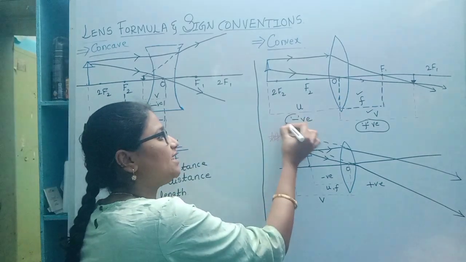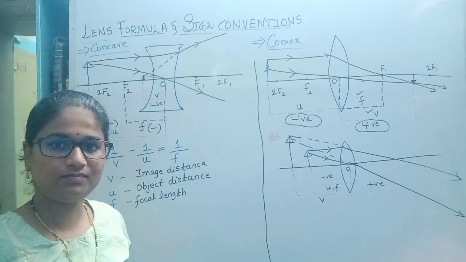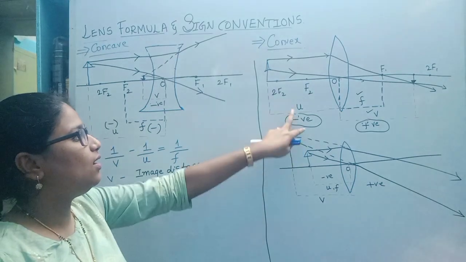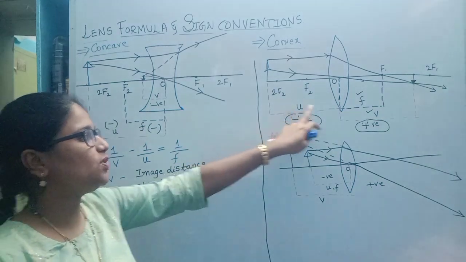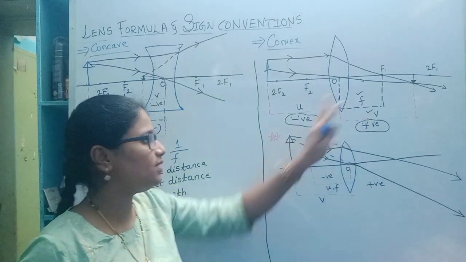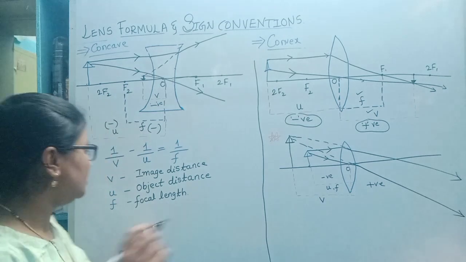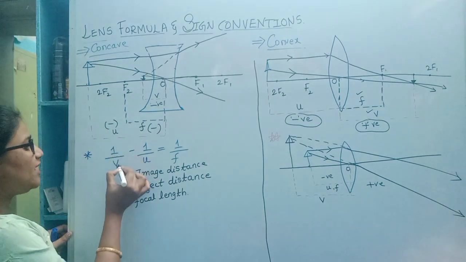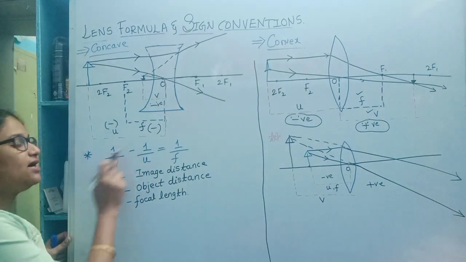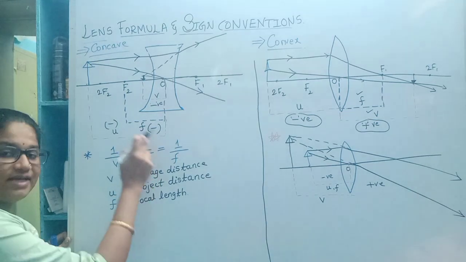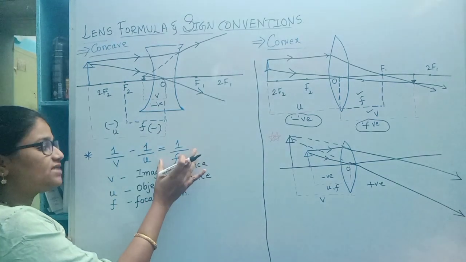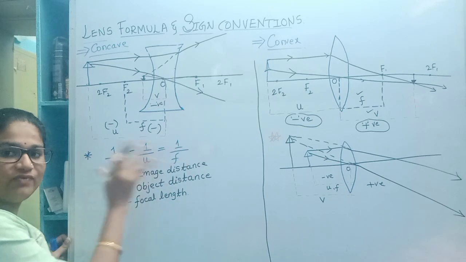So it is regarded as negative. So the image distance will be positive, focal length will be positive and the object distance will be negative. It is given by 1 by v, the image distance, minus 1 by u, the object distance, equals 1 by f, the focal length. This is for a convex lens.